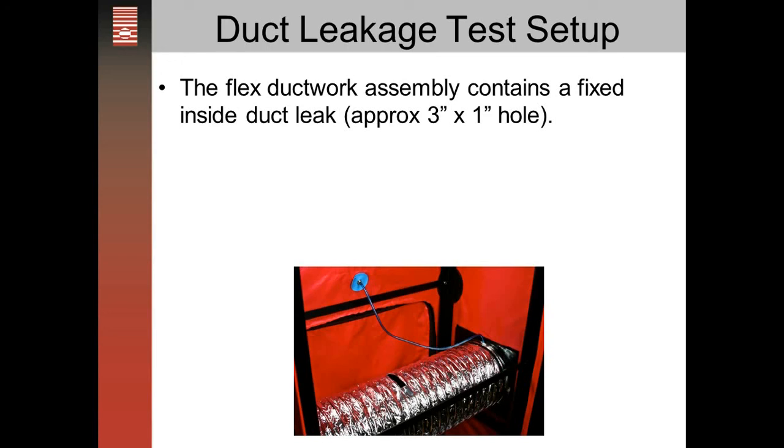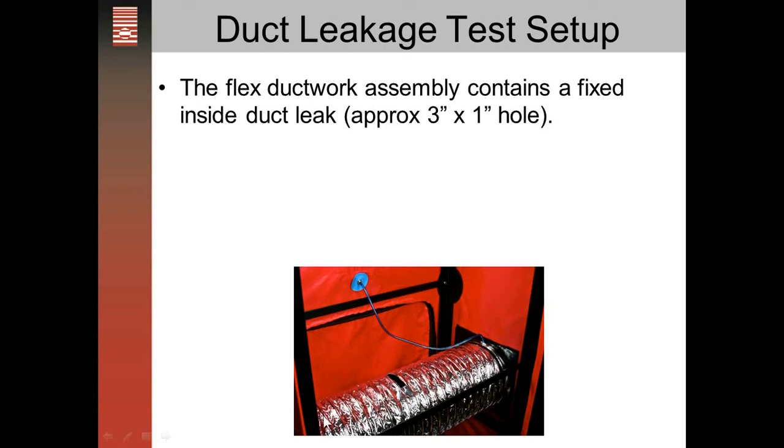So you won't have registers to seal like you would in a typical house. You won't have that ability to seal off registers. This will be left open. But you will find we did some testing where we were comparing a total duct leakage test to a duct leakage to outside test, and during a total duct leakage test, air will leak through this 1x3 hole, and then it'll also leak through the hole where the Duct Blaster is connected.